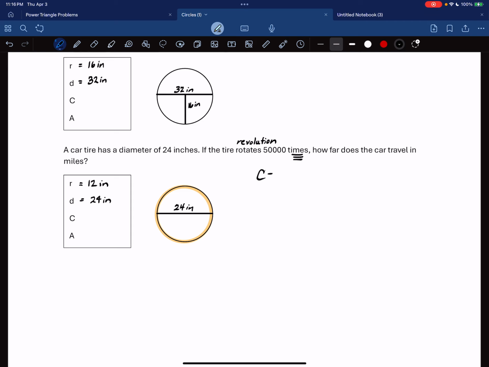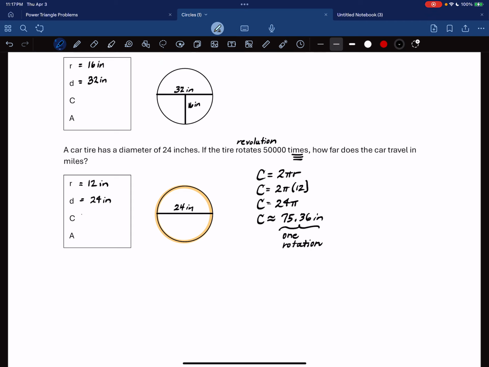So the circumference is 2 pi r, or 2 pi 12, or 24 pi, or about 75.36 inches in one revolution or one rotation.